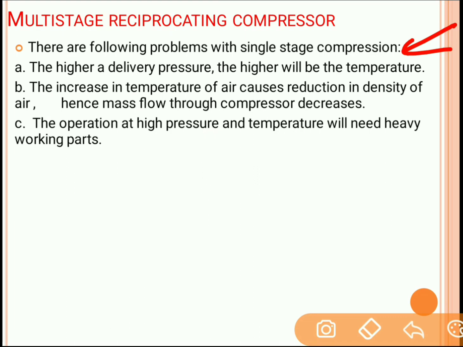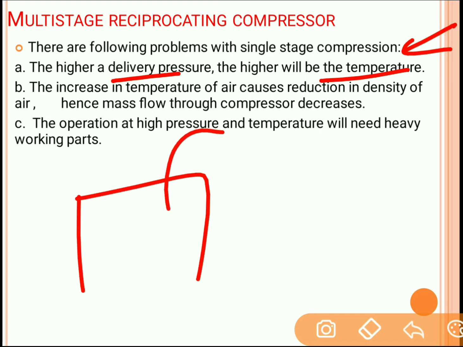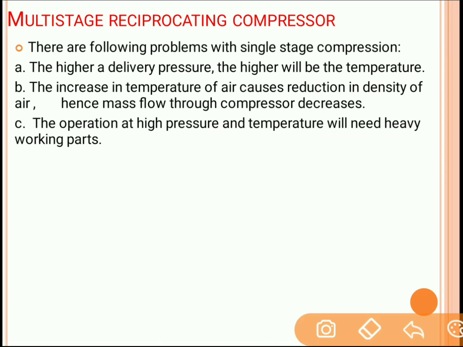First is, the higher the delivery pressure, the higher will be the temperature. So the temperature of air at the exit of the compressor is very high. So that can cause some problems. The second reason is, the increase in temperature of air causes a reduction in density, hence the mass flow rate of air through the compressor reduces.